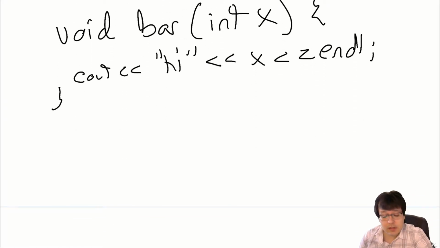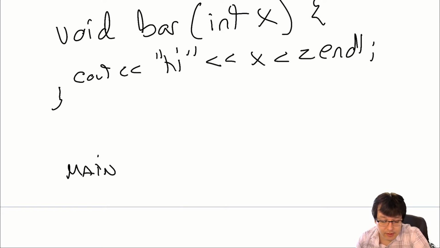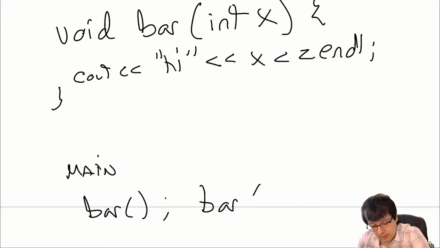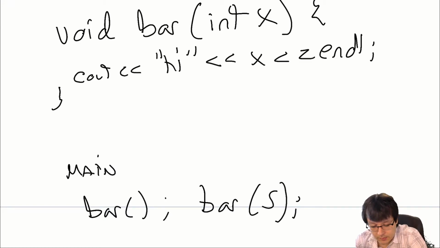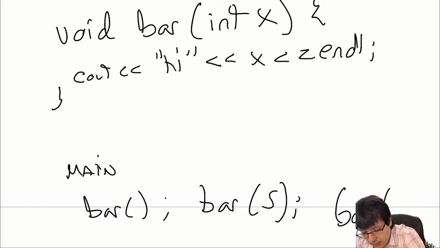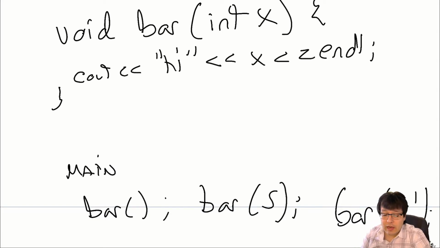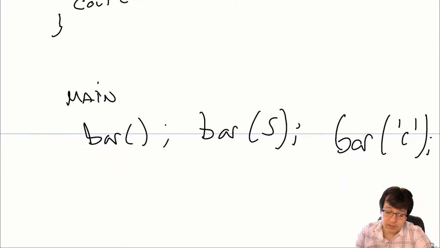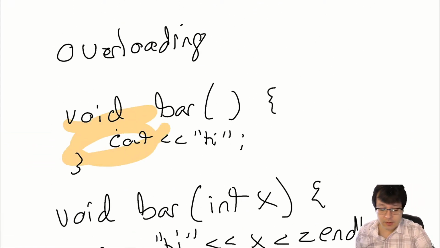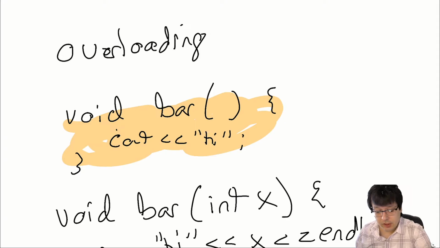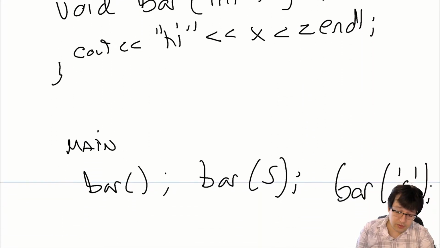The way that the compiler resolves which one you are accessing is if you say bar(), or you say bar(5), or you say bar('c'), it has to figure out which to call. So let's say that this one is this beautiful shade of yellow orange.